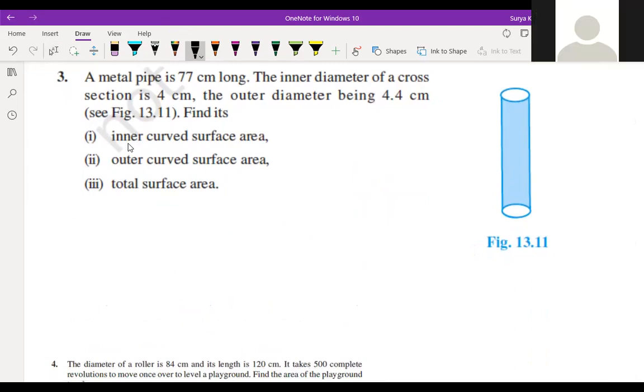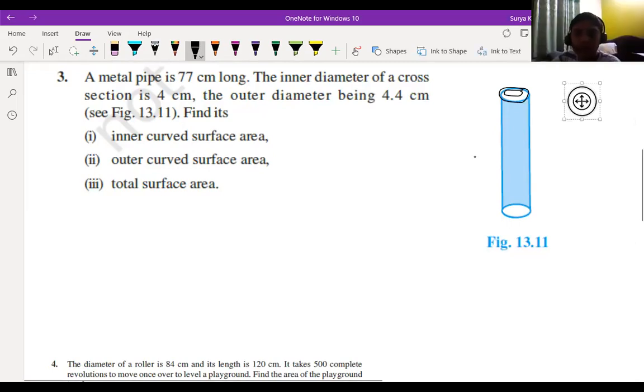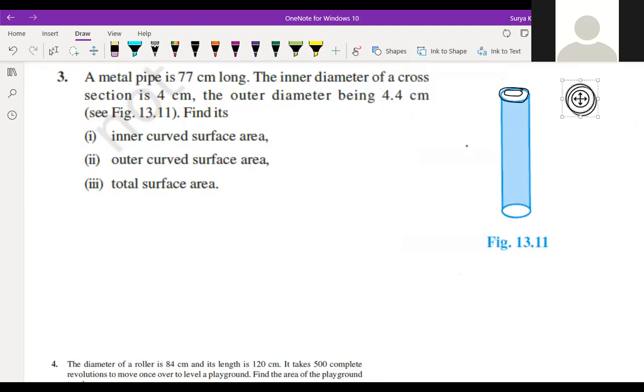No, inner and outer means there is a thickness on this pipe. It's a hollow cylinder, having 2 radii. If you see it from the top, it will look like a double circle.